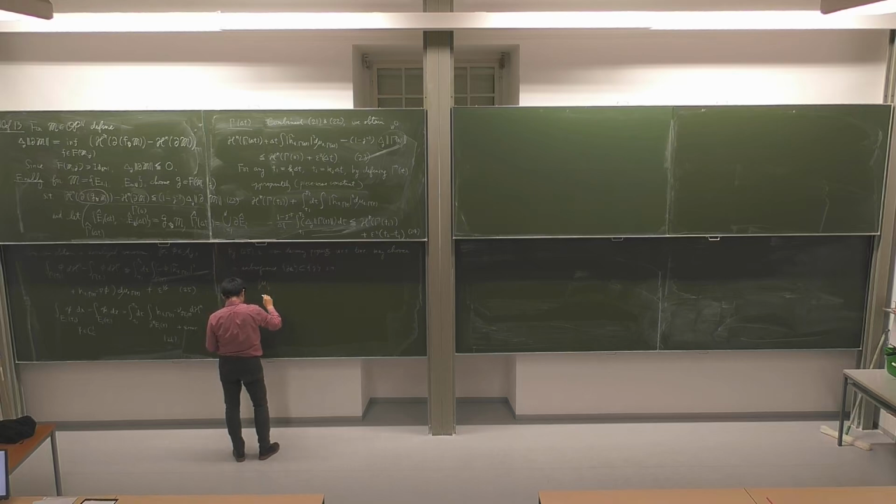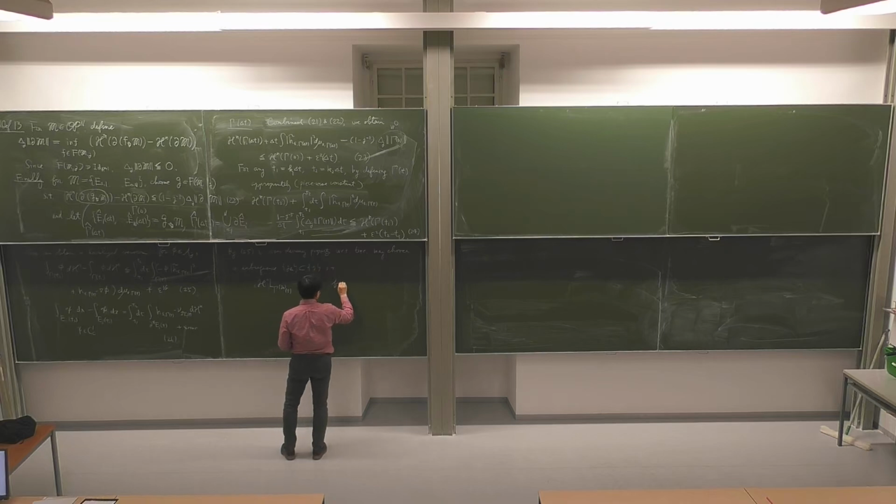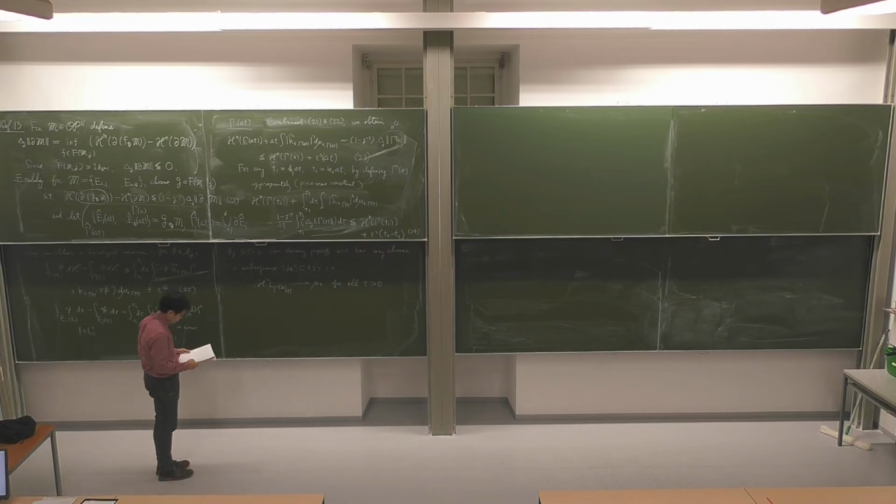Maybe I just say that the Hn of this gamma jk of t converges to a measure mu t for all time. Okay, this can be done.